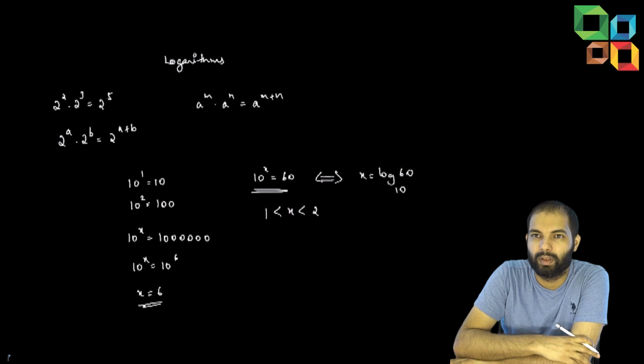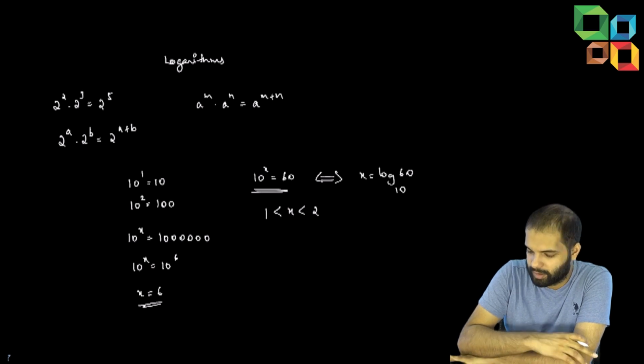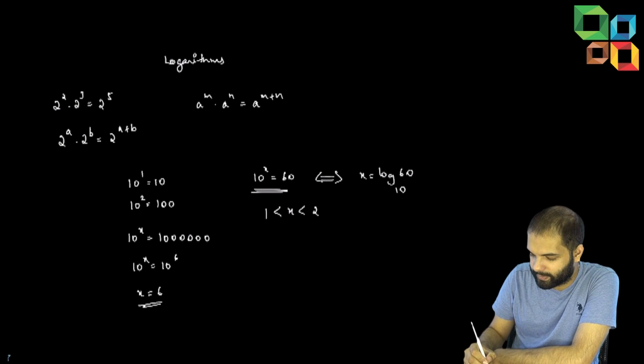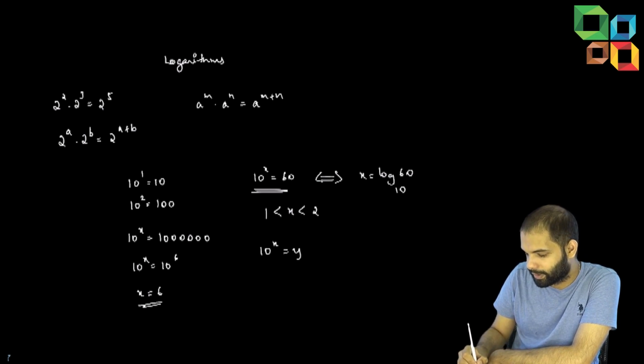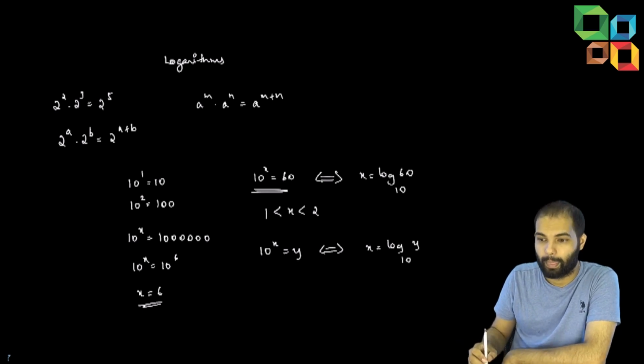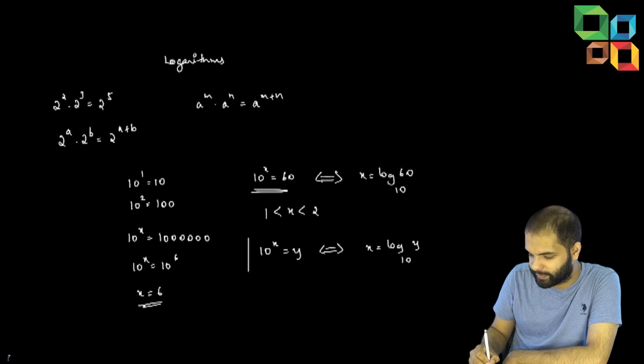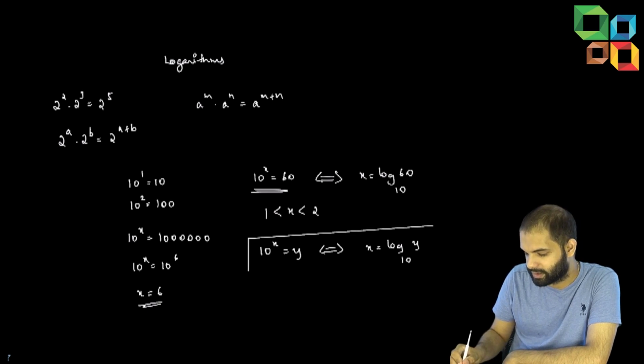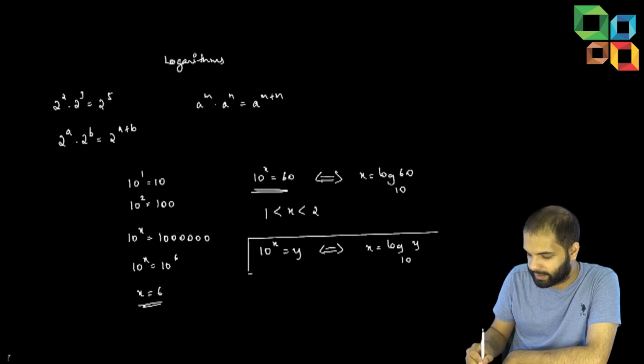In general, if I say 10 power x is equal to y, I write the same statement as x is equal to log y base 10. Different constants are used, say x, a, and so on, but the idea is the same.